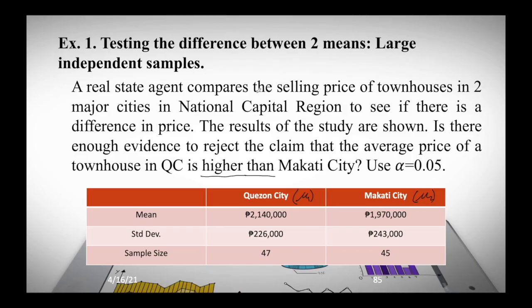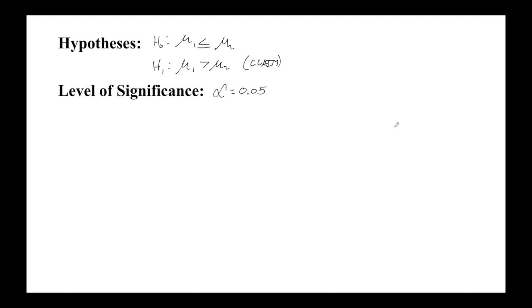Next, we have now the critical value. For the critical value, this will be a one-tailed test since we have the direction. So let's write here: one-tailed test.